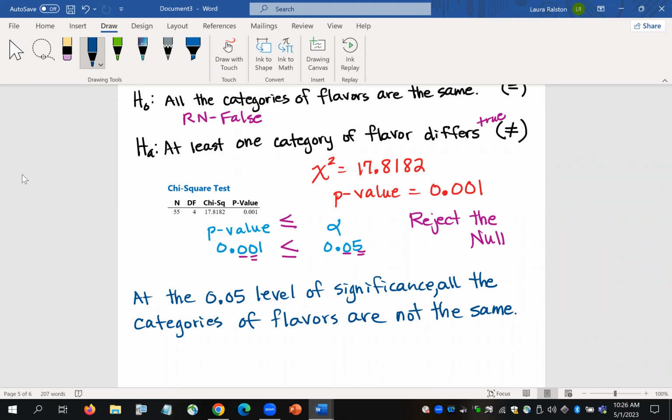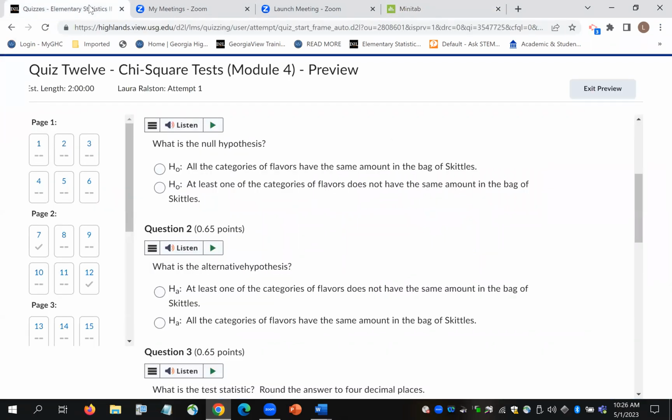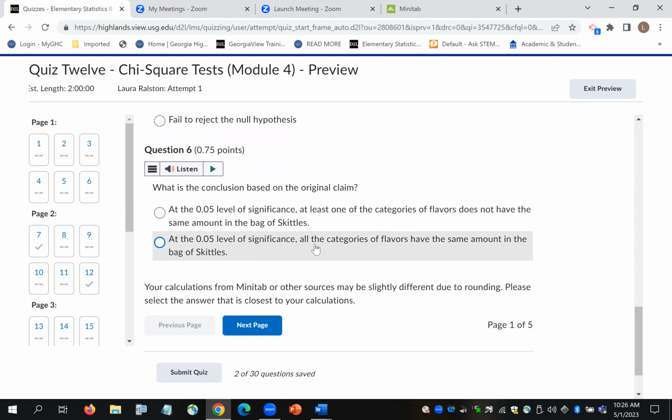Now again, there's other ways to say it, but you've got to say it in such a way that it implies they're not the same. Let's see how it's worded on the test. It's on the quiz itself. It says either all the categories are the same or at least one does not have the same amount.